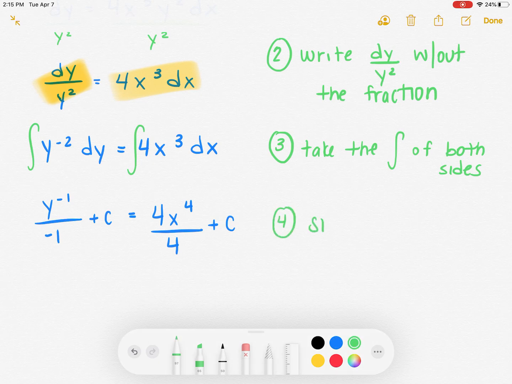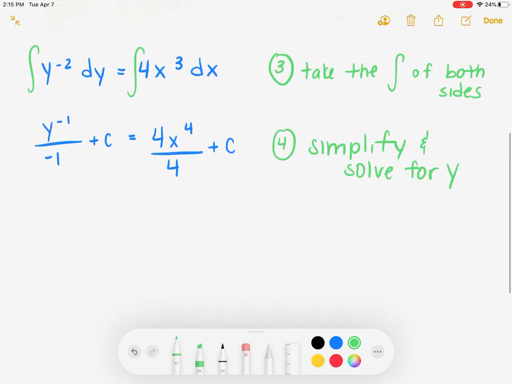And now I'm going to simplify and solve for y. So the first thing that I can do is, since c is just a constant, I don't need it on both sides.